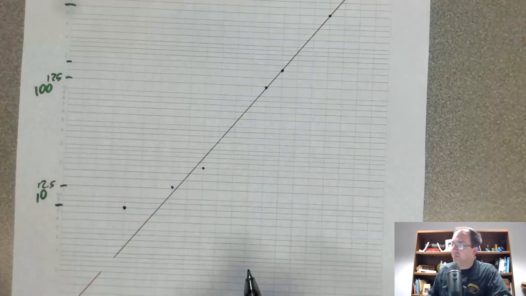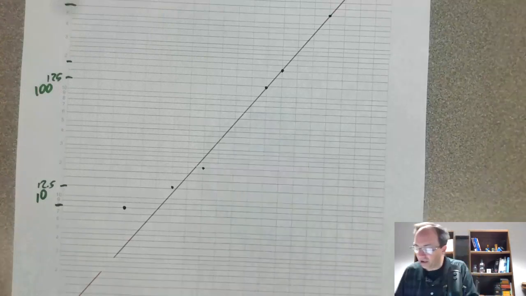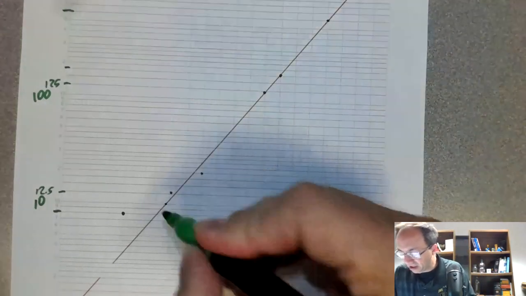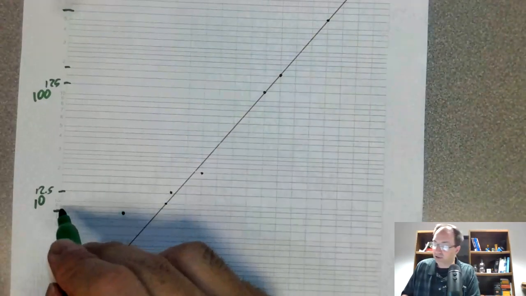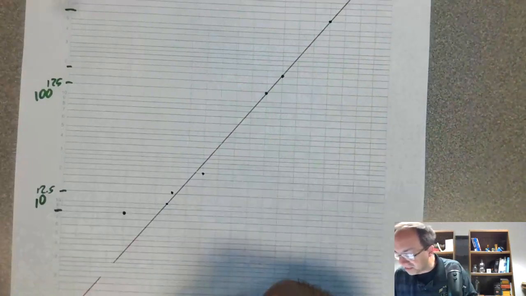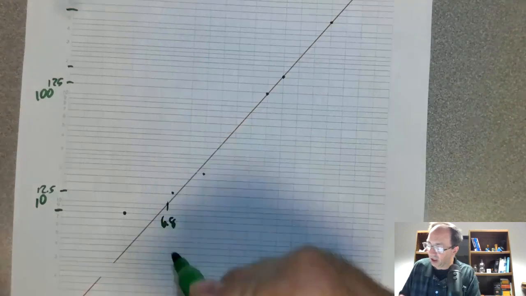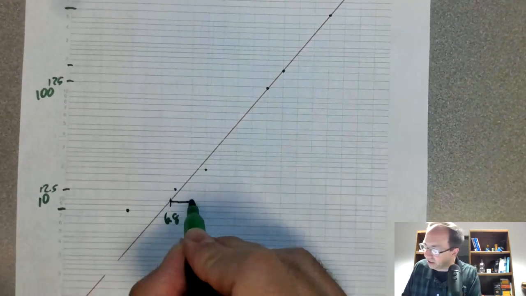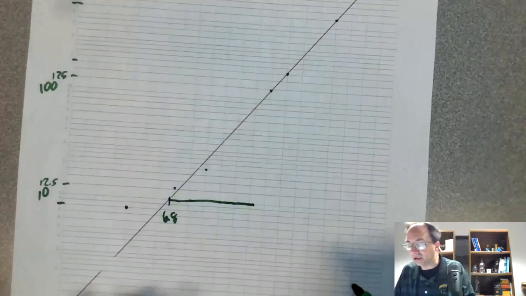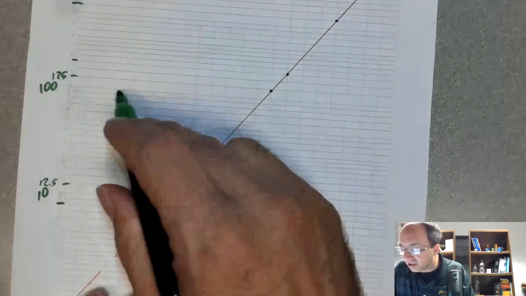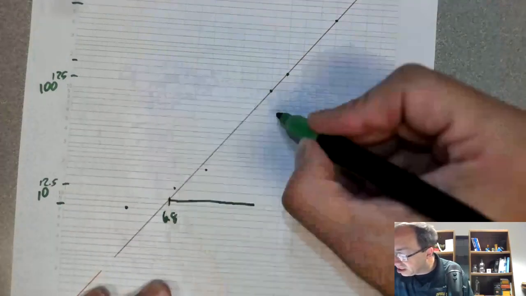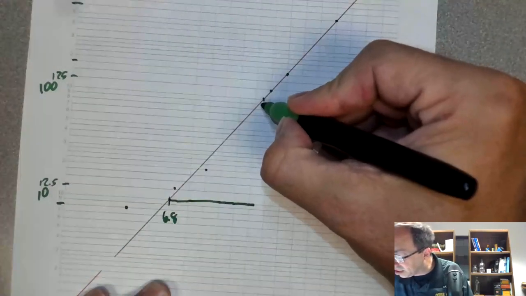For example, if I pick a point here, like right here, notice that's where the 10 crosses, and that corresponds to about, I'm going to say 6.8. And then if I draw a triangle, one leg of the triangle until it crosses the next cycle. So this line crosses this cycle here.